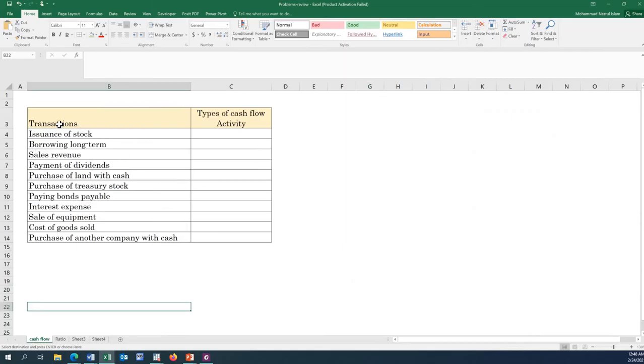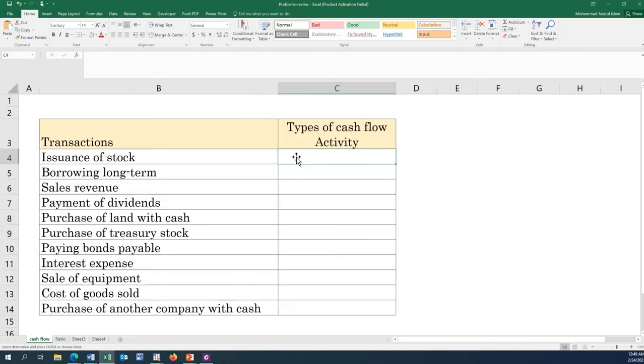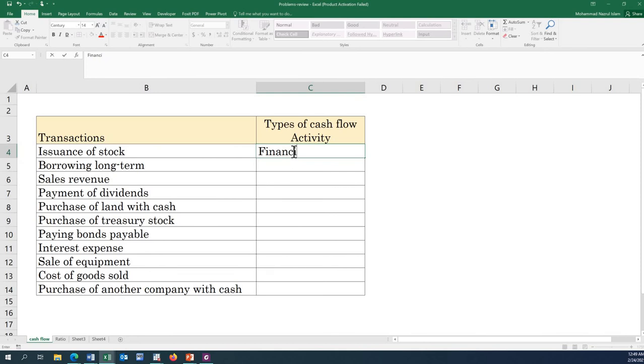Here are different transactions, and we need to find out which is an operating, financing, or investing activity. The first one, issuance of common stock, is a financing activity. Borrowing long term is also financing. Sales revenue is operating. Payment of dividends is financing.